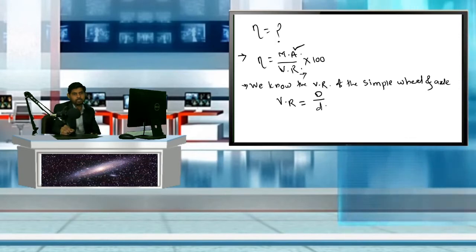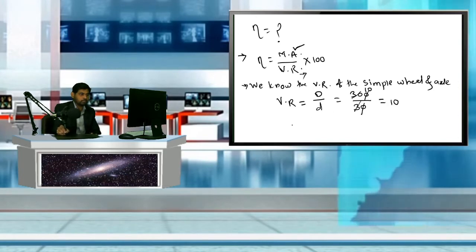We have recently seen it. So here the value of capital D is 300, which is given to us, divided by small d value, 30, that is also given to us. Here the zeros get cancelled. 3 ones are 3, that is 10. So velocity ratio is 10. So here we have found out the value of velocity ratio.